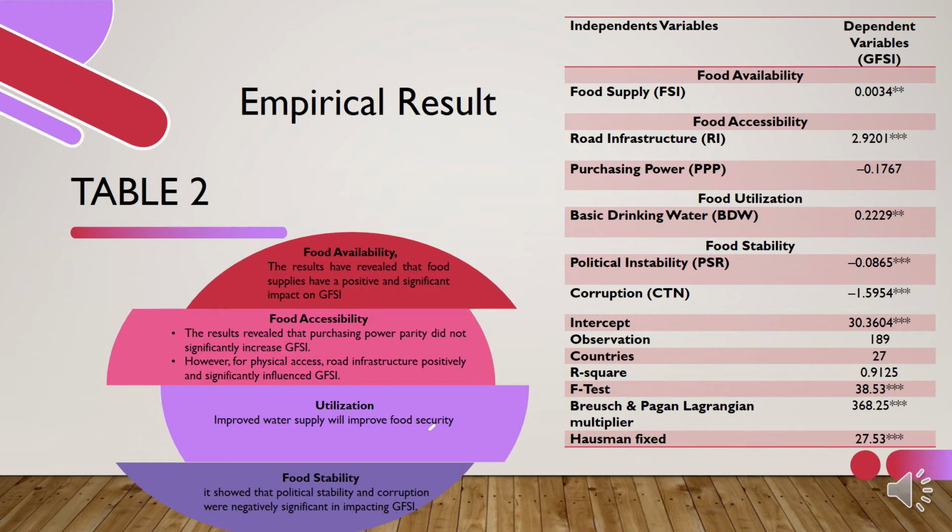And for the empirical result, we can see from this table that the food supply index has a positive significant impact on GFSI, where an increase in the food supply index will increase GFSI.